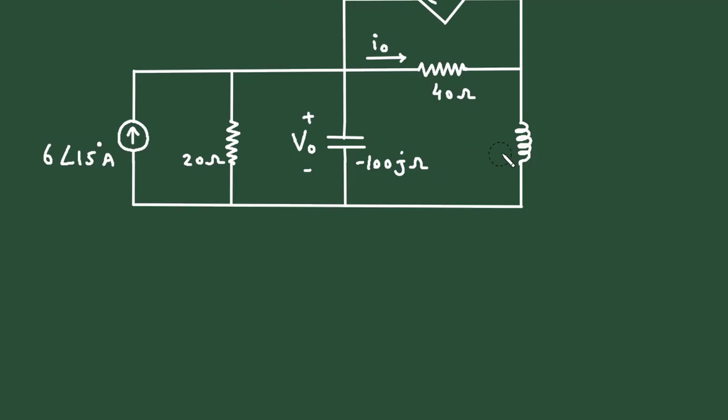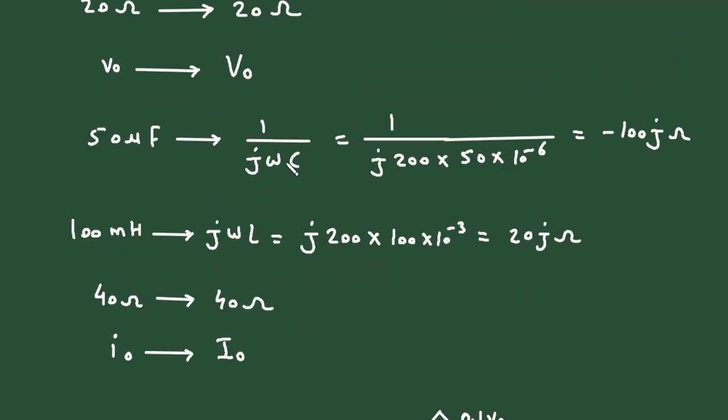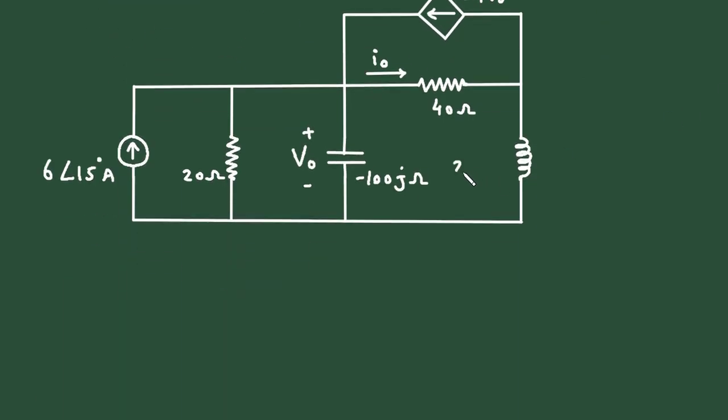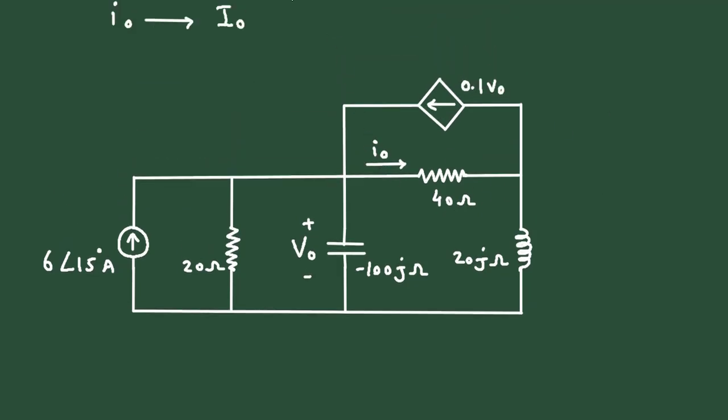This 100 millihenry will change to 20j ohm. This 40 ohm will remain the same. This small io will change to capital Io, and small vo to capital Vo. So now we got this circuit in phasor domain.